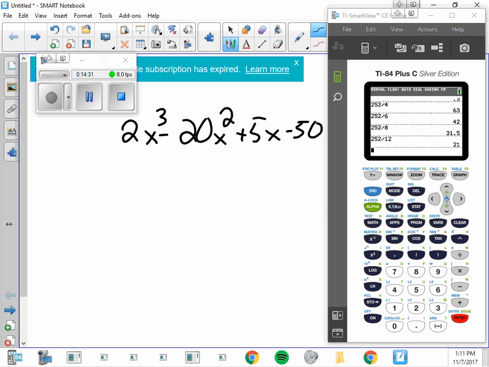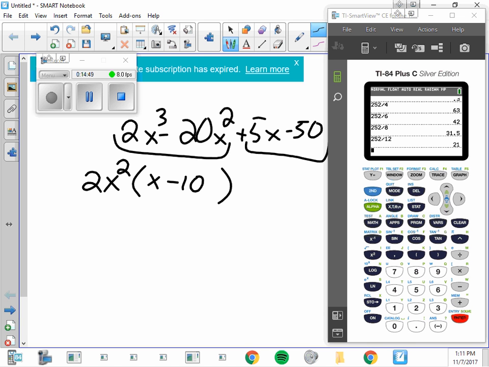Well, yes, you group the first two terms together and you group the next two terms together. What do the first two terms have in common? 2x squared, and when I pull that out, what's left? Minus 10. Okay. Now, what do the second two terms have in common? 5, and what's left?